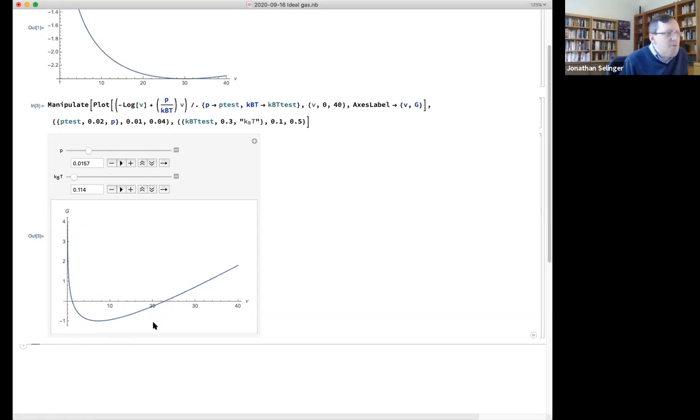Now, in physics, whenever you have a minimization problem, you can regard it as a fight between two things, a competition between two physical mechanisms.